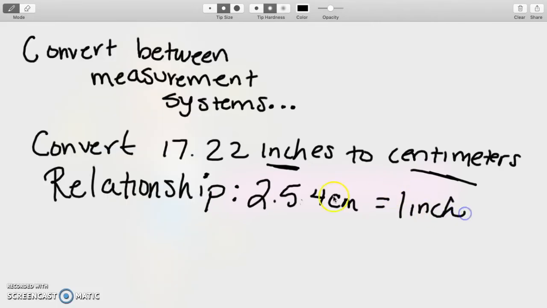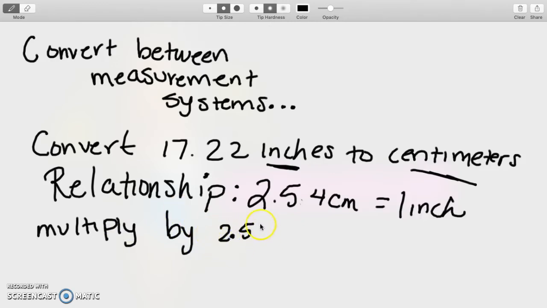So once again, since 2.54 centimeters is approximately 1 inch, we're going to multiply by 2.54 centimeters all over 1 inch.